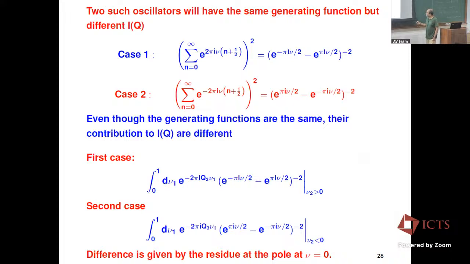And so here, if you want to extract the numbers IQ from the partition function, you have to take the same integral, but the contour should be in the negative nu2 region. And the difference is just given by the residue at the pole. That's the way you calculate the difference between the spectrum here and the spectrum here, what kind of indices you have here and what kind you have here.